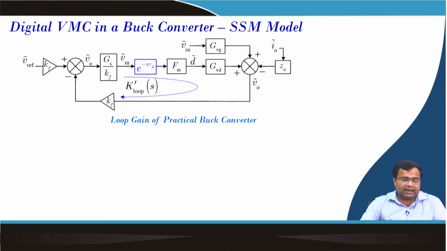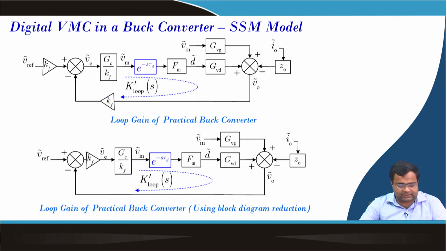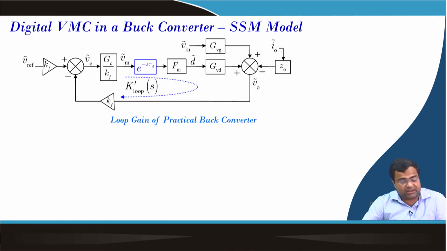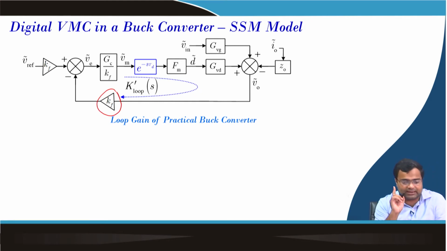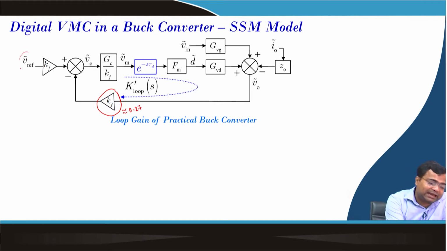Now, if we recollect our small signal model of a digital voltage mode control, we have discussed it, I believe, in the 5th week lecture. We have a feedback gain of a practical converter, approximately 0.27, and we have to accordingly scale this reference voltage.